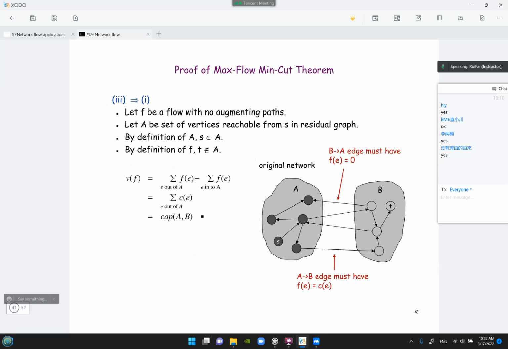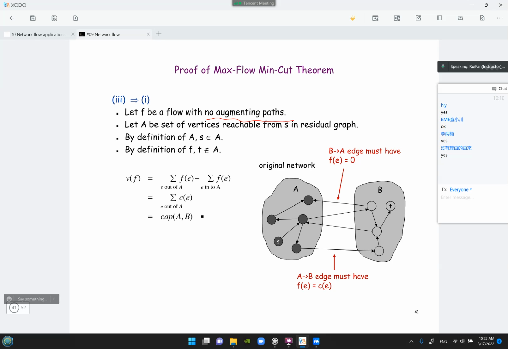The final part is to show 3 implies 1, which is that if there is no augmenting path, then there has to be a cut with capacity equal to that flow. So suppose you have a flow F with no augmenting paths. Now we're going to construct a cut whose capacity equals the flow.